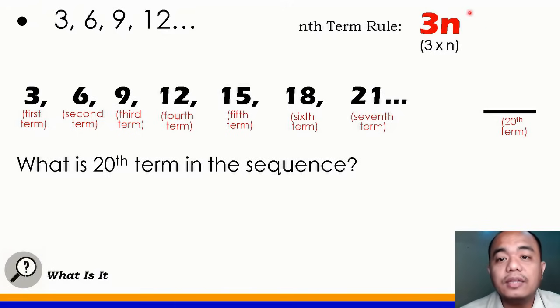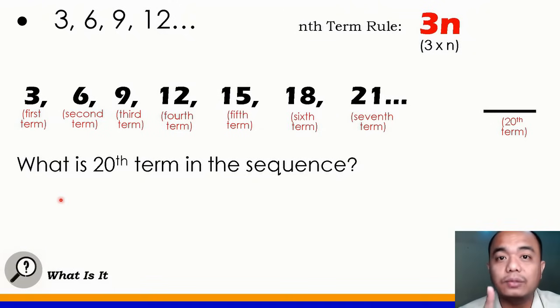So, gagamitin natin yung 3n sa paghahanap ng ika-20 na numero sa sequence na ibinigay dito. So, again, we are looking for the 20th term in the sequence. So, what is the 20th term in the sequence? So, hindi mo na kinakailangang isolve pa yung ika-8, 9, 10, 11th term, no? Matatagalan ka bago mo makuha yung 20th term.